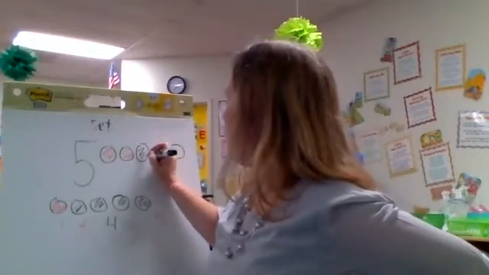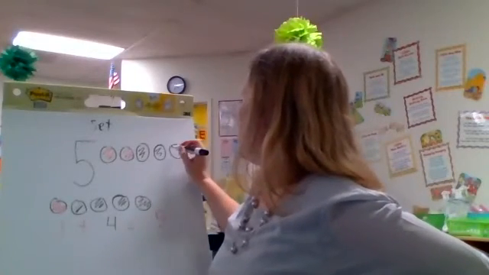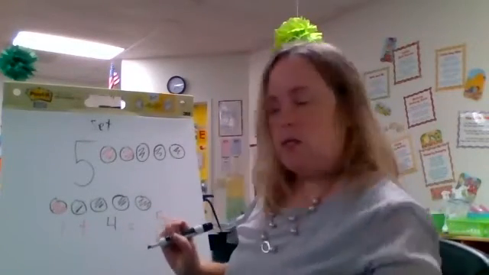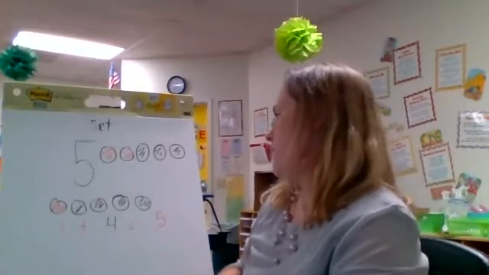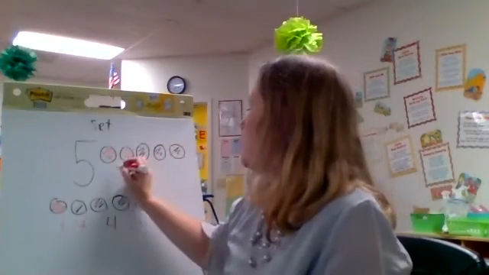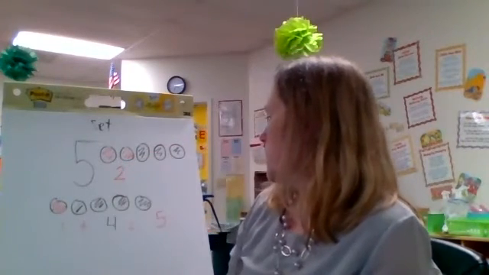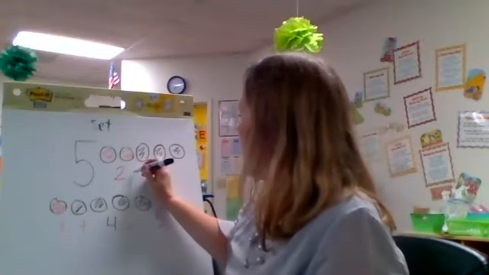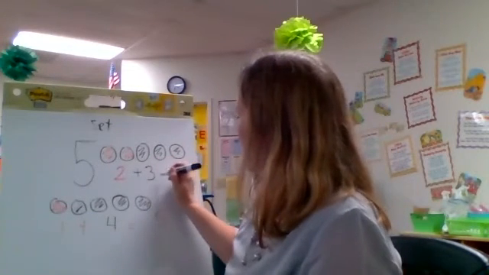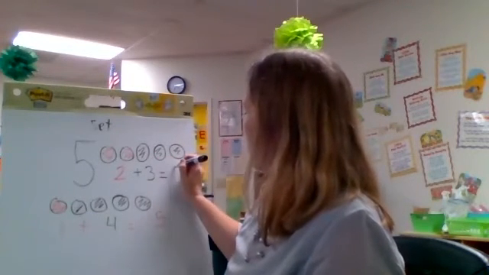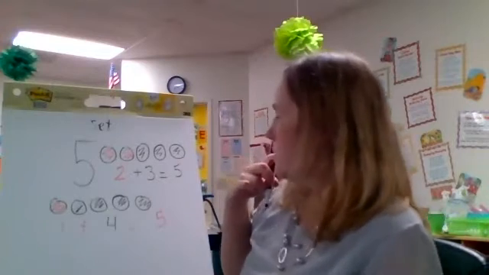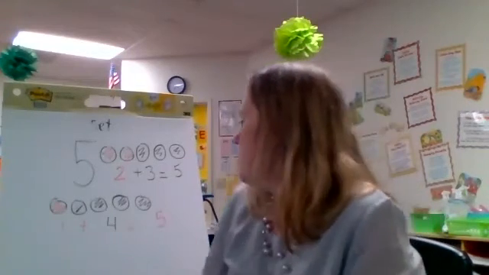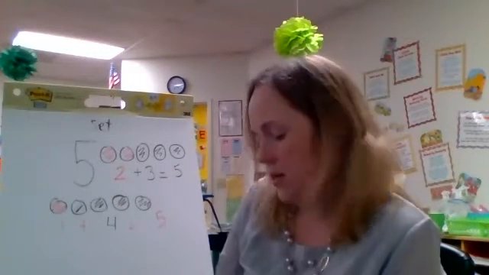Black. 1, 2, 3. So this is another way to make 5, and we have 2 plus 3 equals 5. So here's 2 different ways to make the number 5.